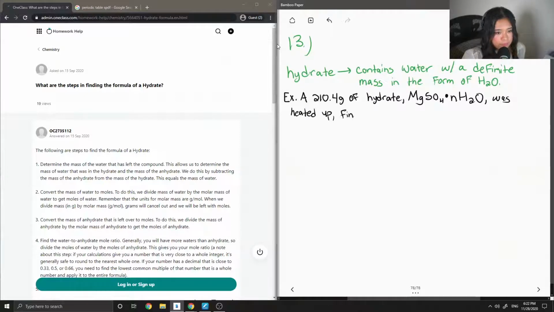And the final anhydrate, so this means the water was removed when you heat it up, is 120.4 grams.